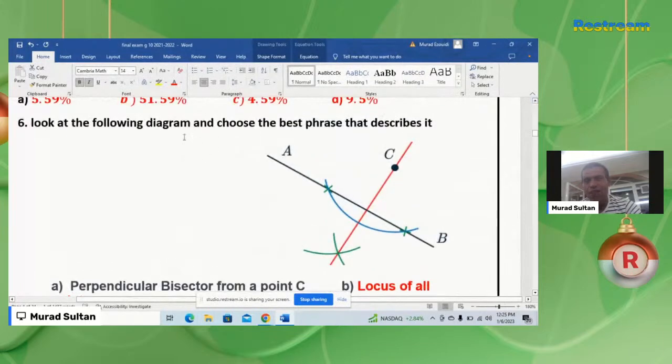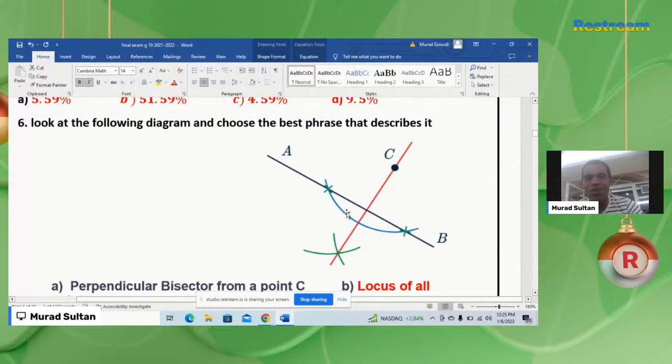Look at the following diagram and choose the best phrase that describes this one. With this, you can see line segment AB. This is a perpendicular line that passes through the point C, but does not pass through the midpoint of line segment AB.